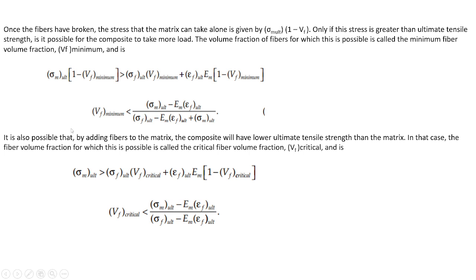Whereas it is also possible that by adding fibers to the matrix, the composite will have lower ultimate tensile strength than the matrix. In that case, we have to find the volume fraction for which this condition holds, and that will be the critical fiber volume fraction. This is the equation to find the critical volume fraction for this condition.